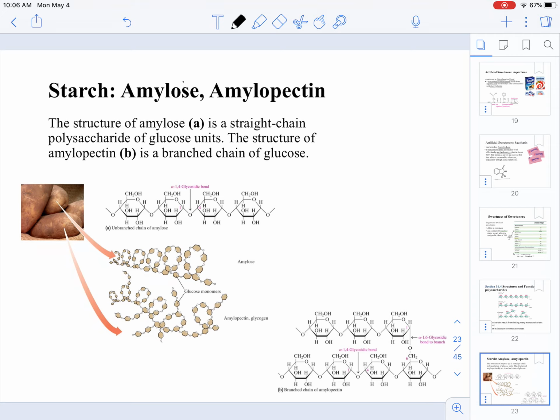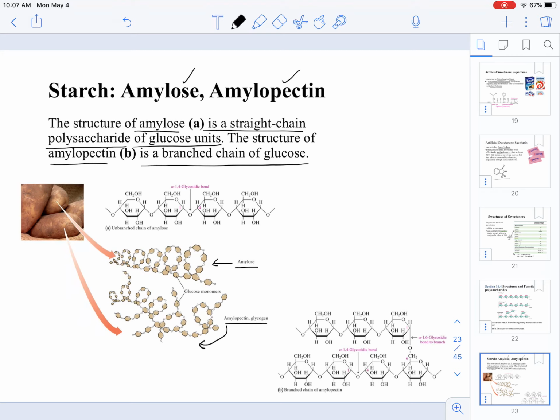We have amylose, which is a straight chain polysaccharide of glucose units, while amylopectin is a branched chain of glucose. As you can see, here we have the structure of amylose, and here we have the structure of amylopectin.